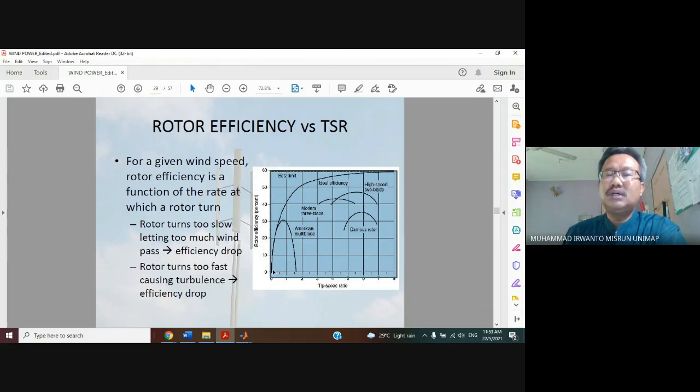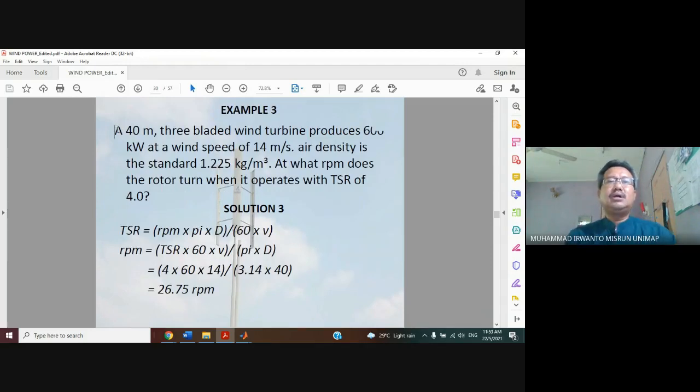Please look at some of the methods here for the graph. Look at the sample: a 40 meter, 3-blade wind turbine produces 600 kilowatt at a wind speed of 14 meters per second.